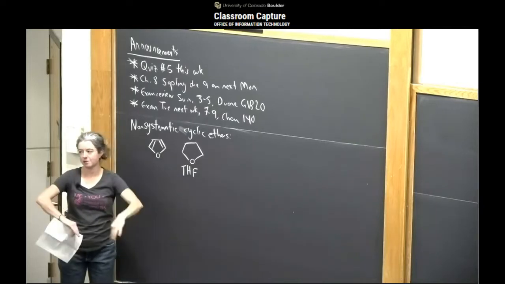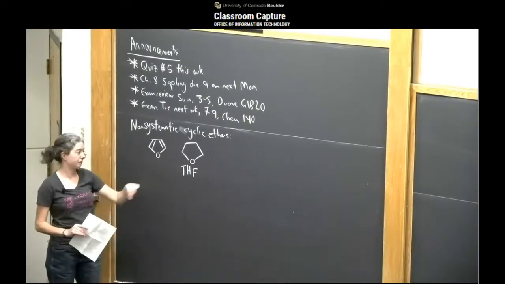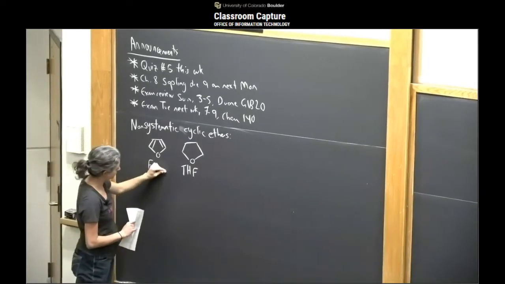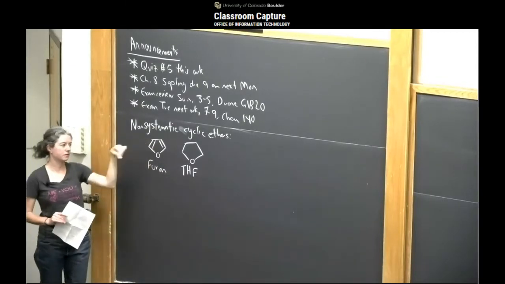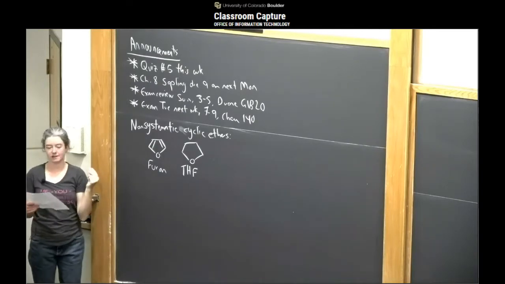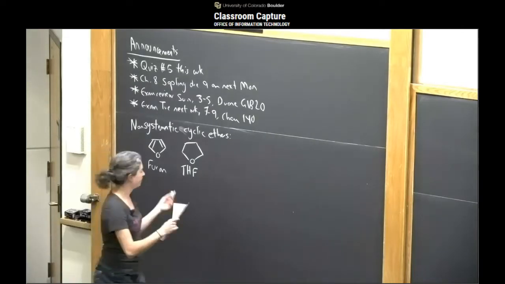Those R groups just happen to be joined together in the back. So THF is short for tetrahydrofuran. So it's furan, this guy here, with 4 hydrogens stuck onto it, which is getting rid of those 2 double bonds. Okay, so those 2 you've already seen, but those are a couple of common names that are helpful to know.